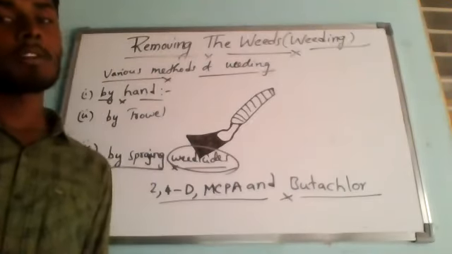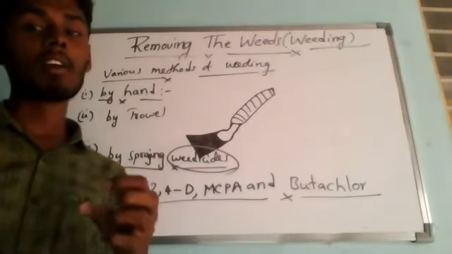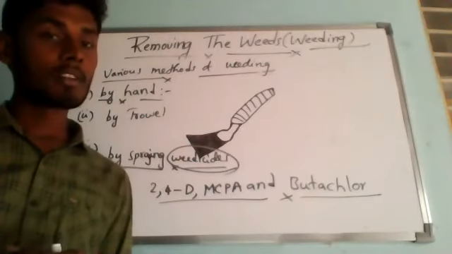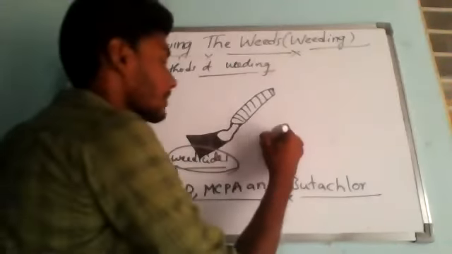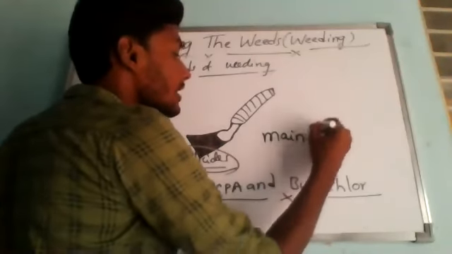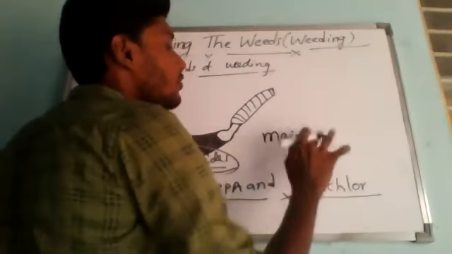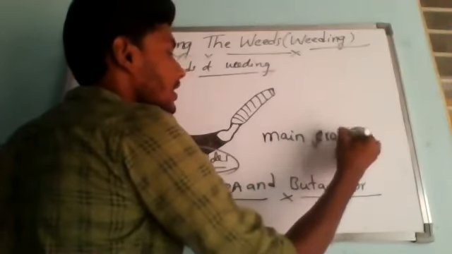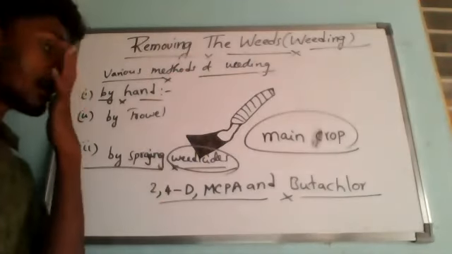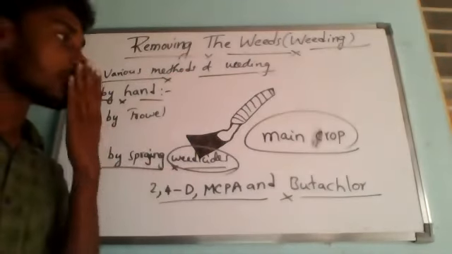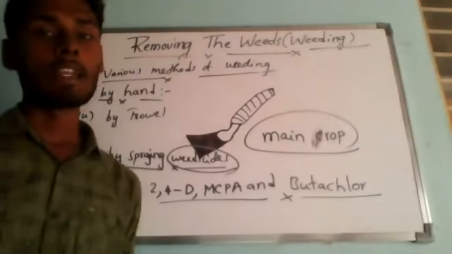So what is going to happen? These weedicides will kill or destroy the weeds but do not damage the main crop. That is the main thing. They only destroy the unwanted weeds and never damage the main crop.